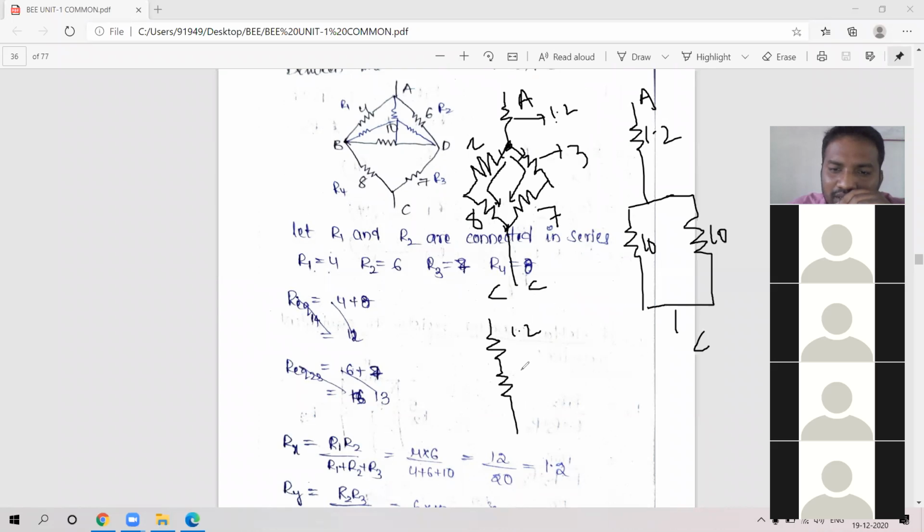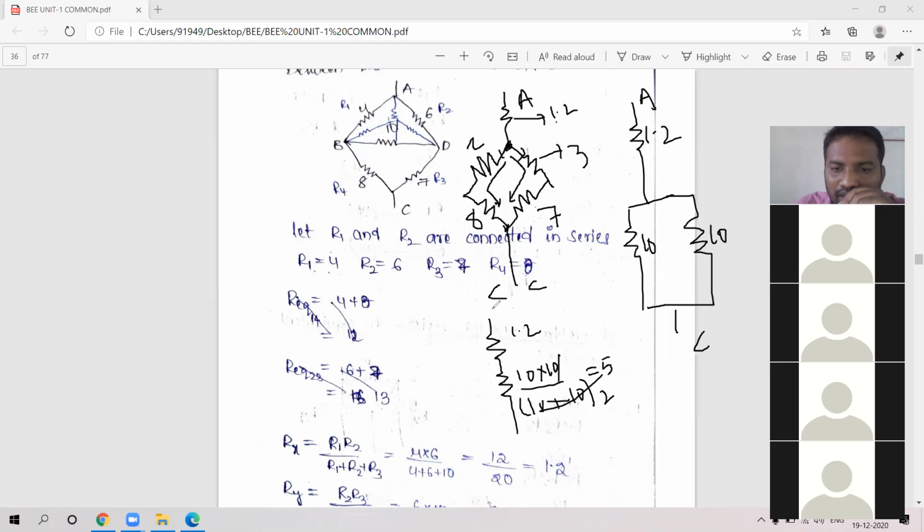They are connected in parallel, so product by sum, 10 times 10 over 10 plus 10, which is 5. I am getting 5.